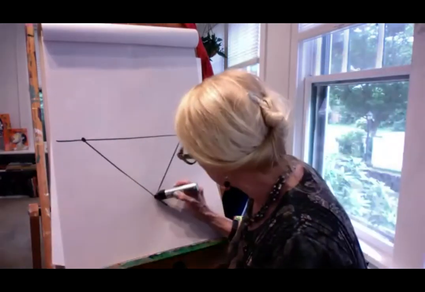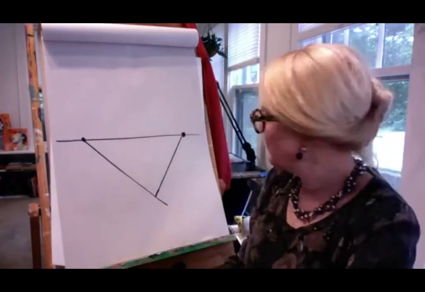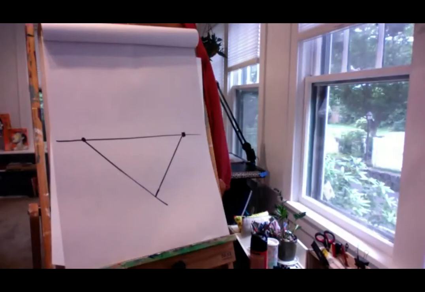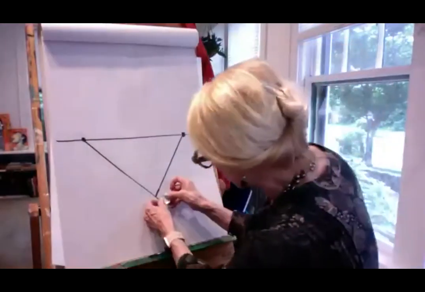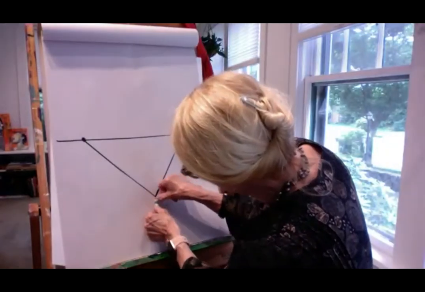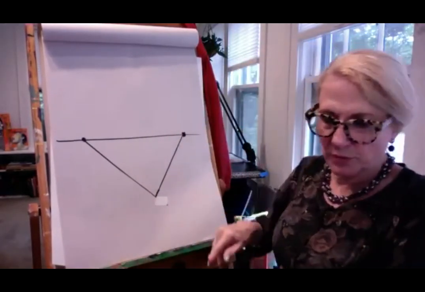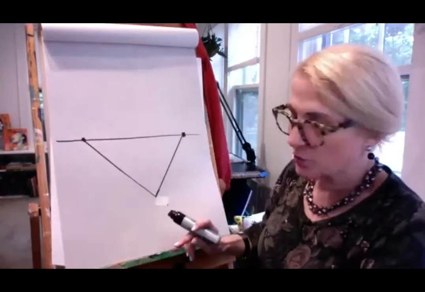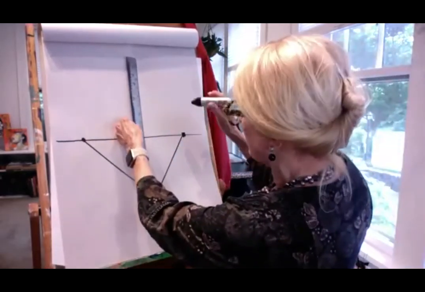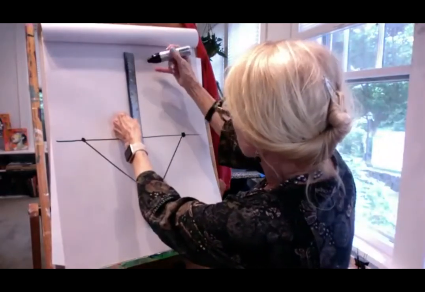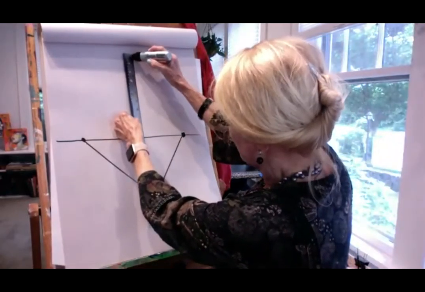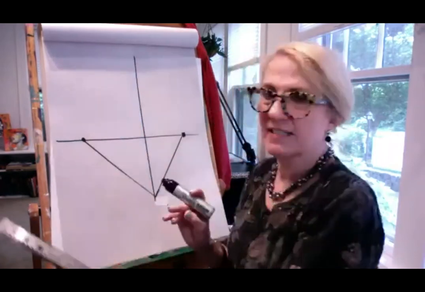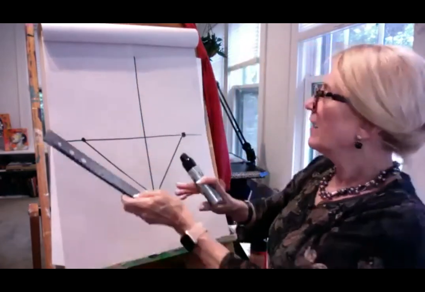I made that line a little too long, so I'm just going to cover that up so it doesn't confuse us. There, just covered that boo-boo up. And now my building is going, and all of our vertical lines are going to stay vertical. The vertical line, I think they call it a plumb line.